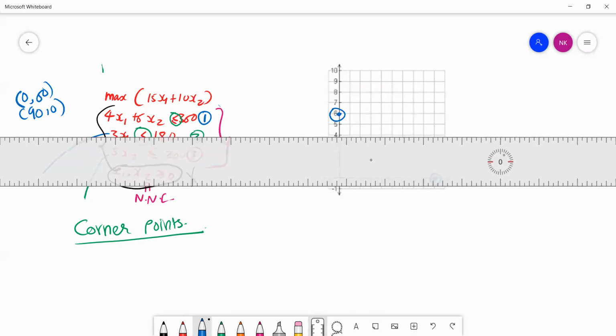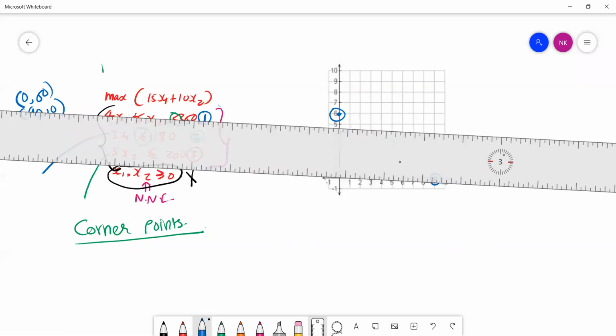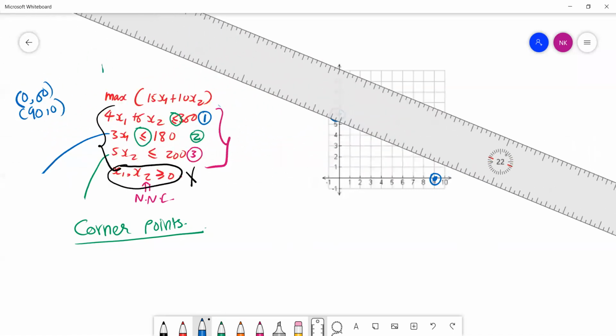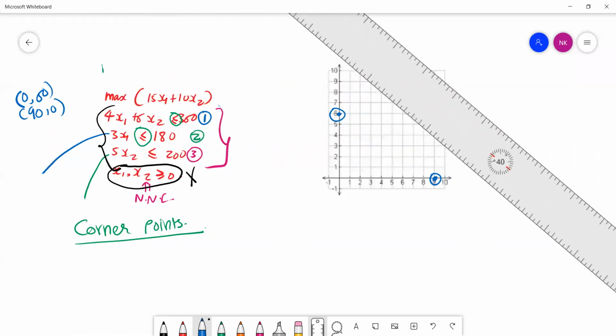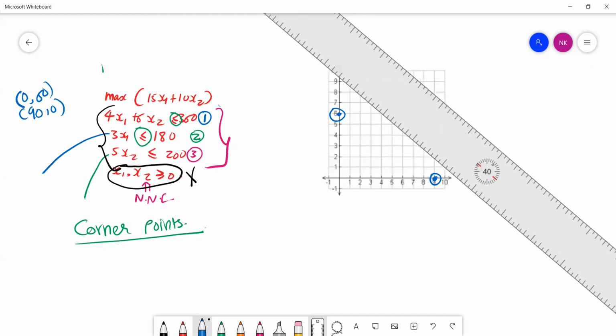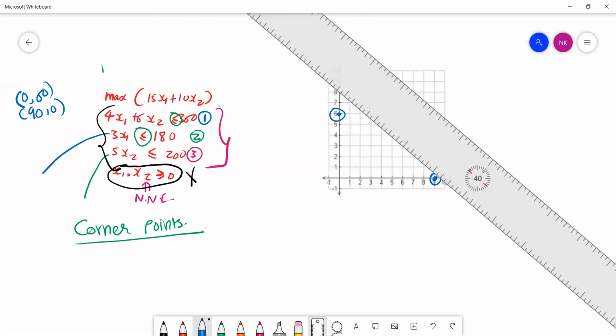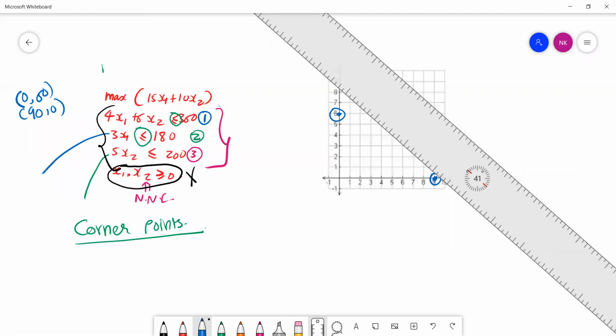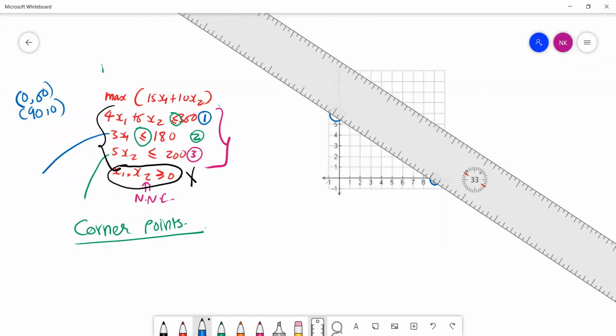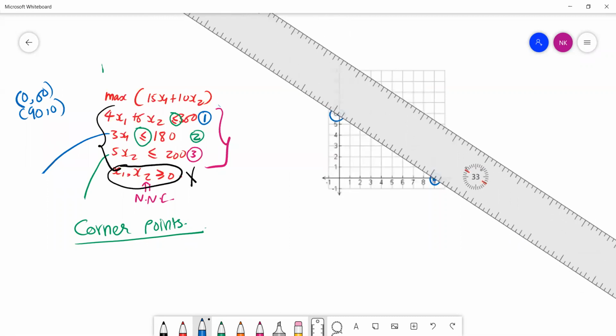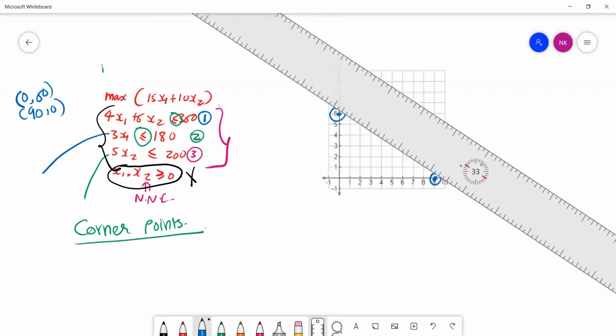This is again the revision for those who didn't understand it. Okay, let me draw the line.